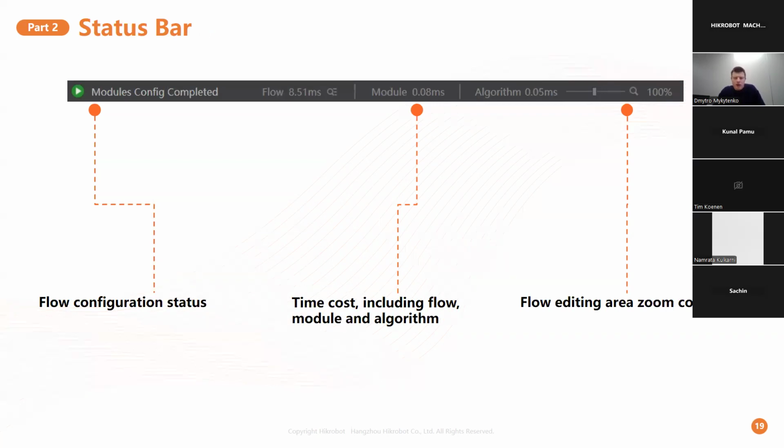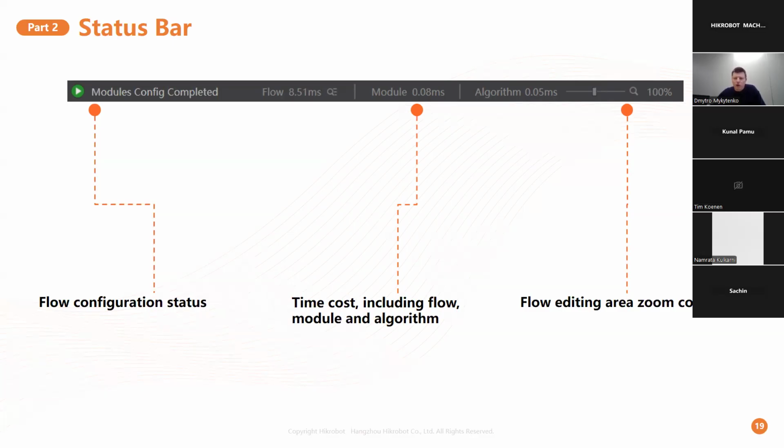And in the bottom part of the VisionMaster interface window, there's a status bar providing live feedback on flow configuration, execution time, and zoom level in the editing area. It is particularly useful for monitoring performance during solution development and tuning.